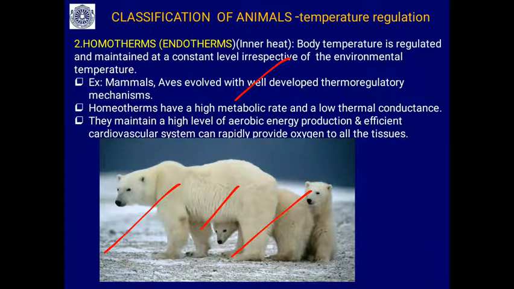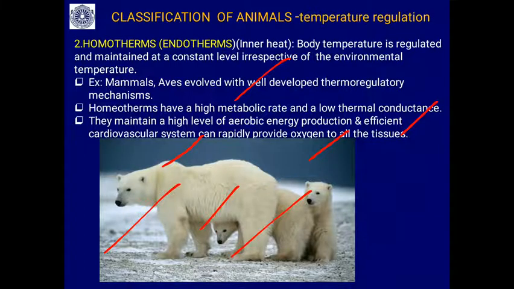So homeotherms have a high metabolic rate and low thermal conductance. They cannot easily absorb the temperature from outside, so they maintain a constant body temperature. The high level of aerobic energy production and efficient cardiovascular system can rapidly provide oxygen to all the tissues.